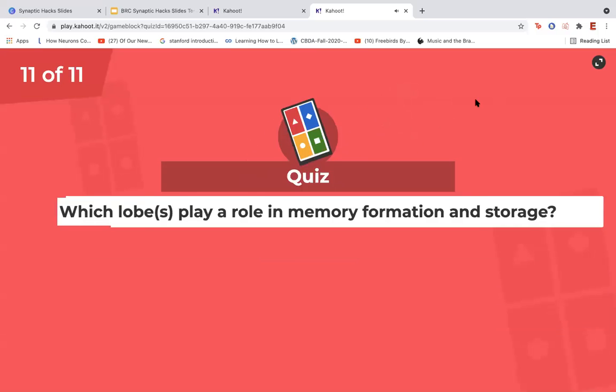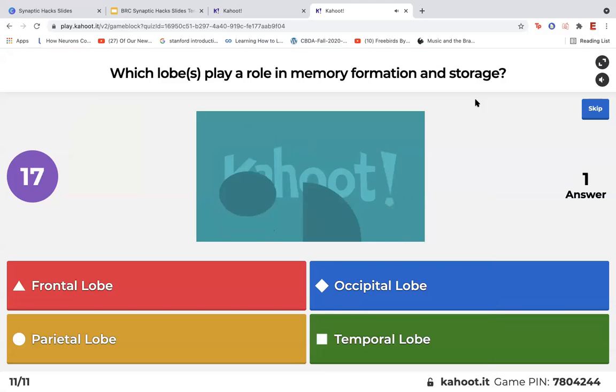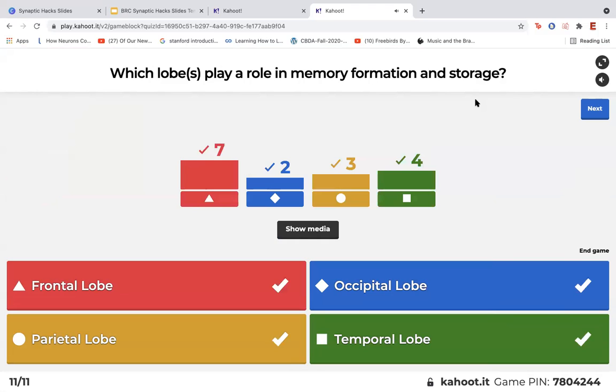All right, last question. You can do it. So which lobes play a role in memory formation and storage? Or lobe? Let's see, finish strong. Very mixed.